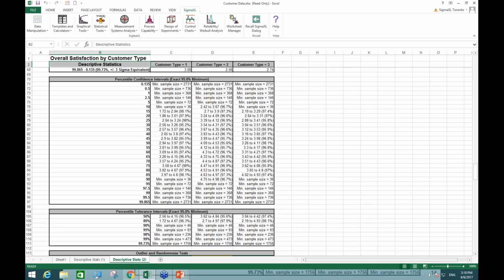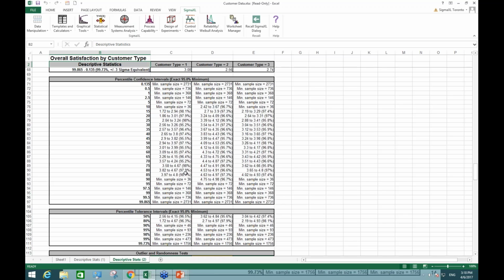So here we see the report says exact 95% minimum, but you will notice in parentheses all the values are larger than 95%. So these intervals are saying we will guarantee you a 95% confidence level. The actual number is greater than 95%.